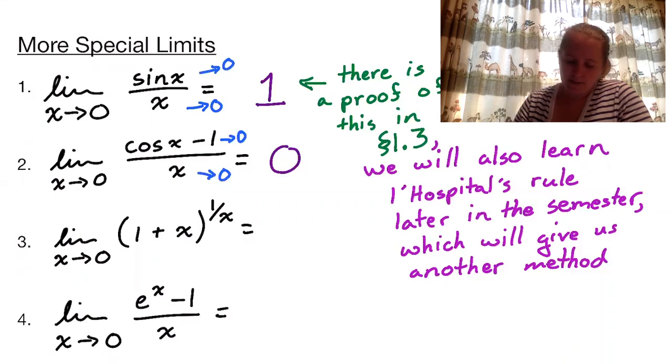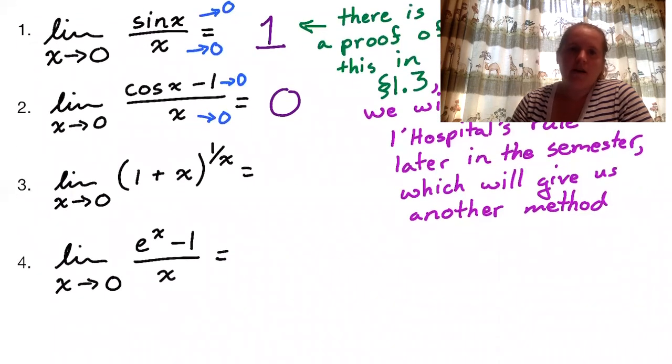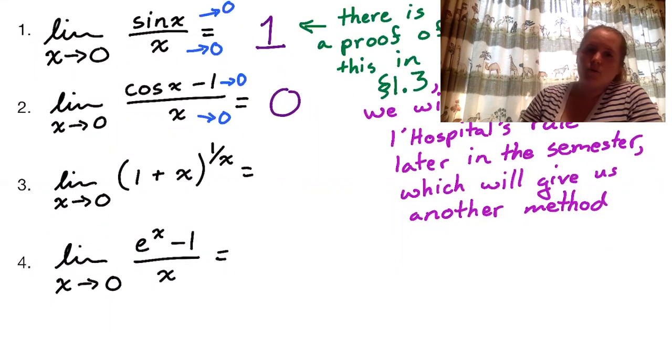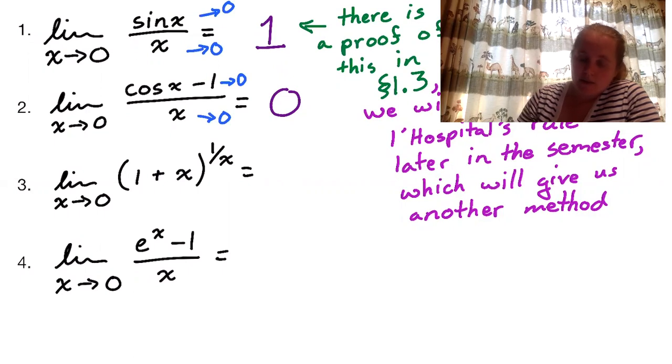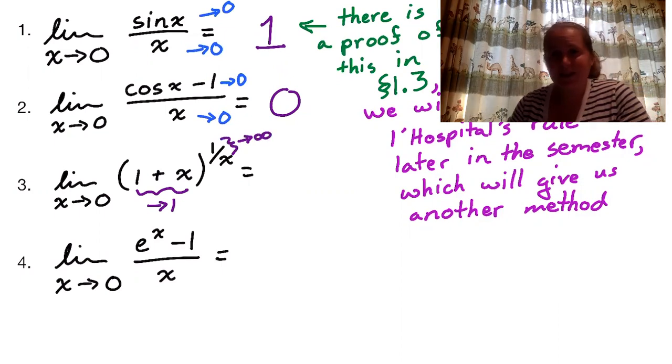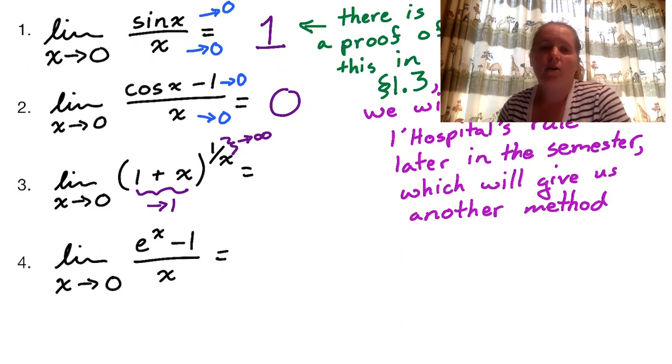This next one, the limit as x goes to 0 of 1 plus x, all raised to the 1 over x. Well, as x goes to 0, the inside here would go to 1, and the exponent would go to infinity. Now, typically 1 raised to any power will stay 1, but numbers close to 1 will blow up if we use high enough powers.